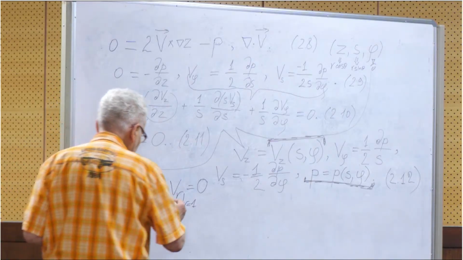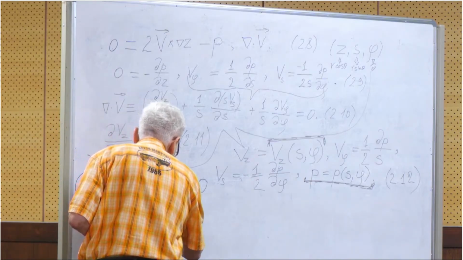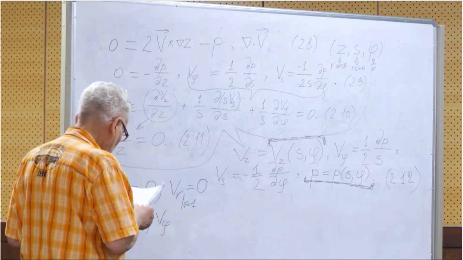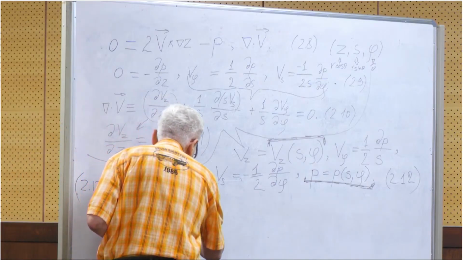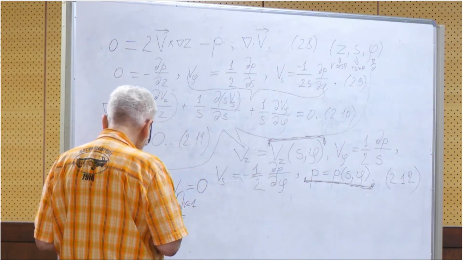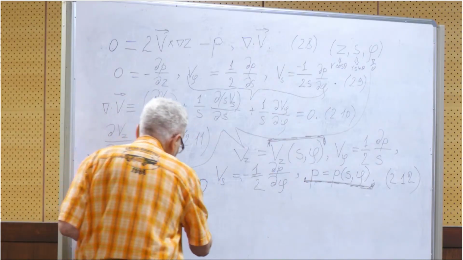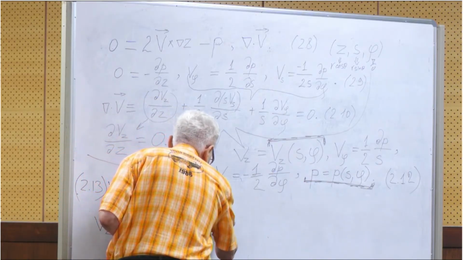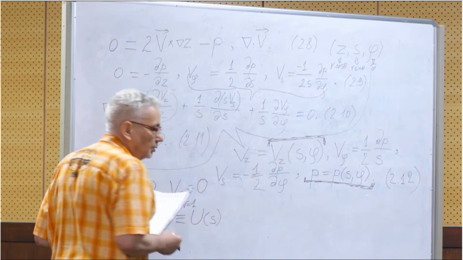It's a very interesting result. Then V phi is simply some function of cylindrical radius only.